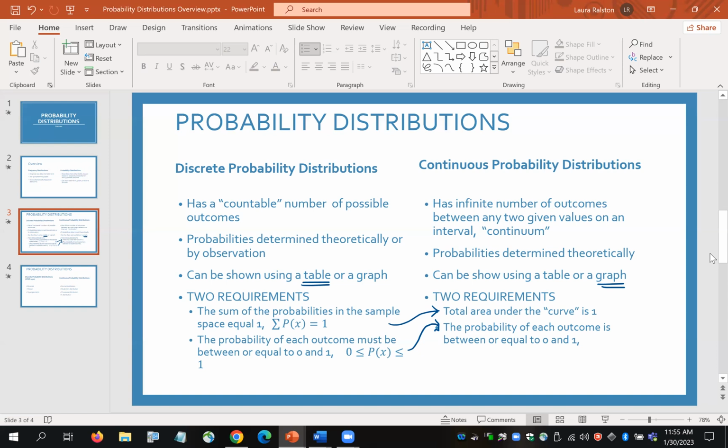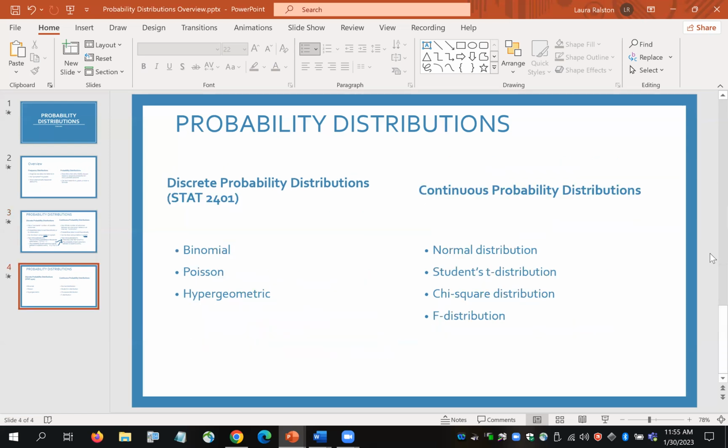There are a number of discrete probability distributions, and there are a number of continuous probability distributions. Again, I have decided for this 8-week session not to cover the binomial.